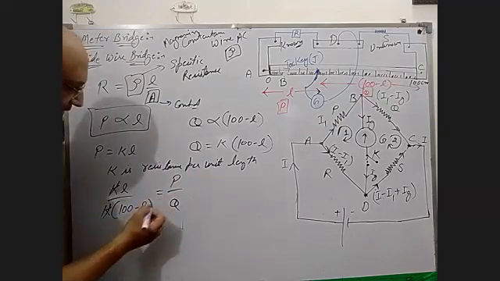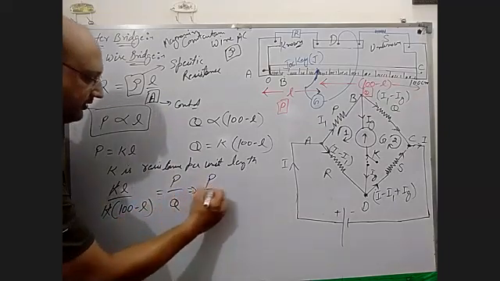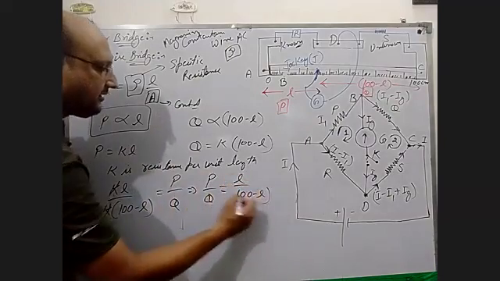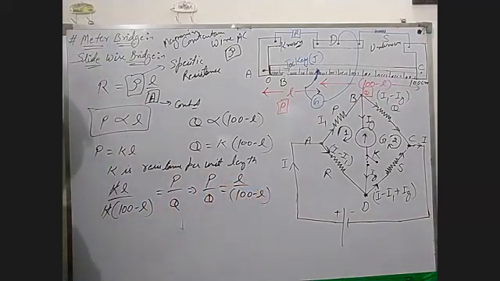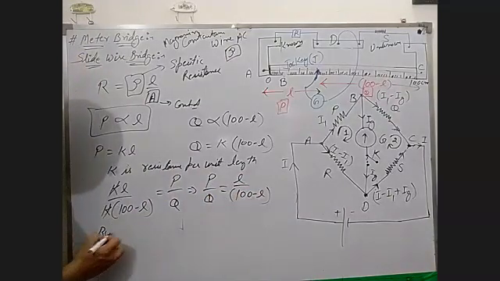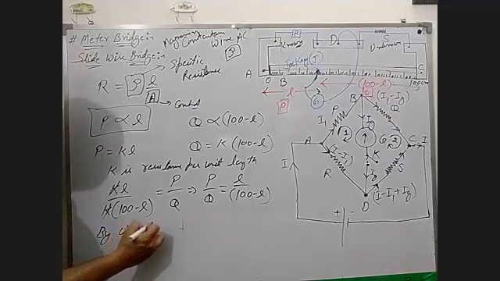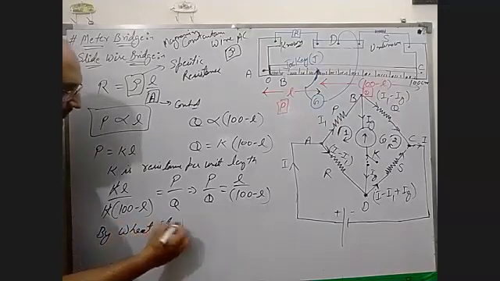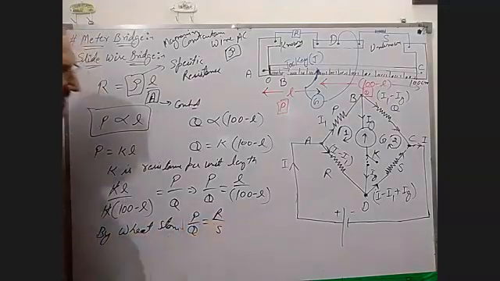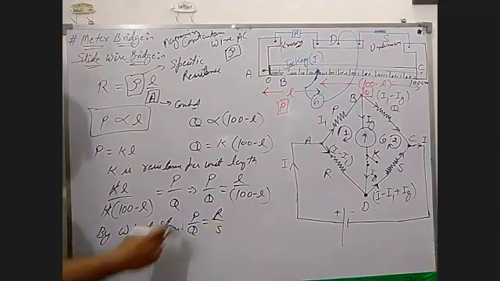Now P upon Q is equal to L upon 100 minus L. Now we know that by Wheatstone bridge, because balance condition is there, instead of P upon Q we can take R by S, because both are equal.